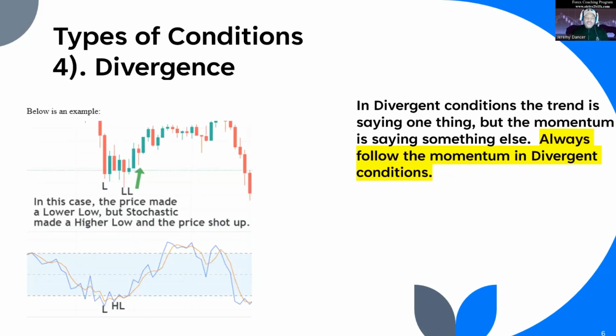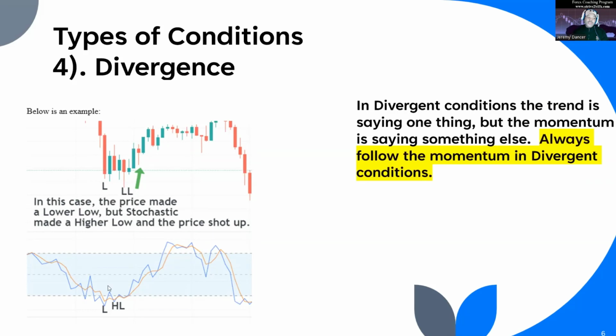Now, divergence isn't something that you see all the time, but in unstable market conditions, you'll see divergence a lot. And the biggest thing to understand with divergence is the momentum is always going in the opposite direction of the trend. So in this case, we see a low and then we see a lower low, which means in theory, there should be a downtrend.